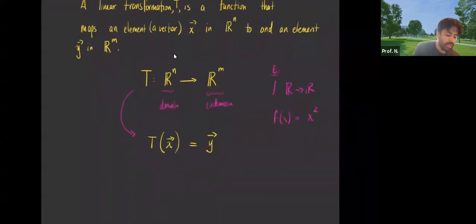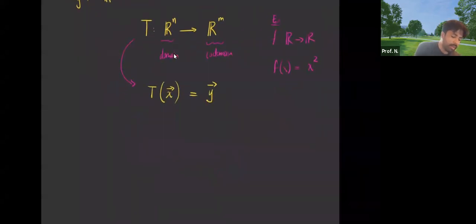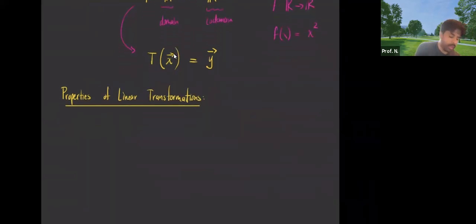And for every linear transformation, the fact that it's linear means we have certain properties of linear transformations. In order for something called a transformation to be linear, you need two things.